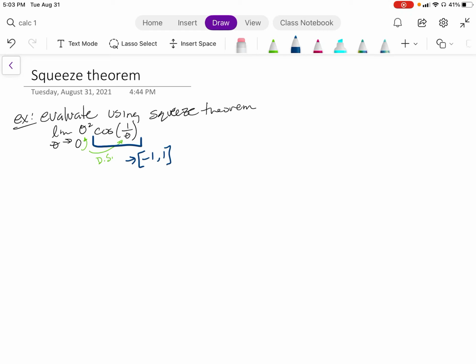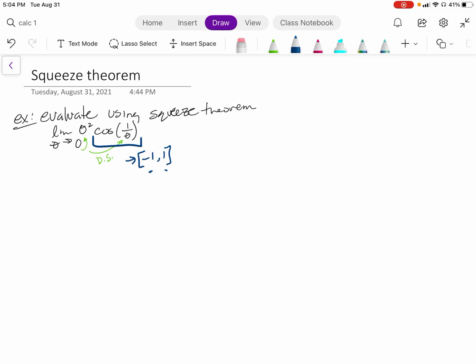And theta squared, so when I substitute values in with that theta squared, as I'm approaching 0, let's really only concentrate from -1 to 1 as well, just for simplicity, but it really wouldn't matter. I'm multiplying some value in between -1 to 1 with this theta squared. So think about it. If we're approaching 0, if I'm choosing values in that interval, it's going to create these to be less than -1 to 1.